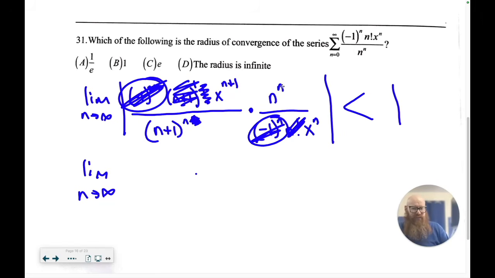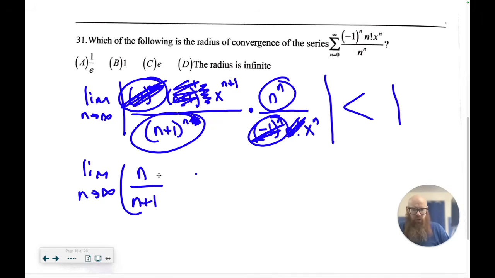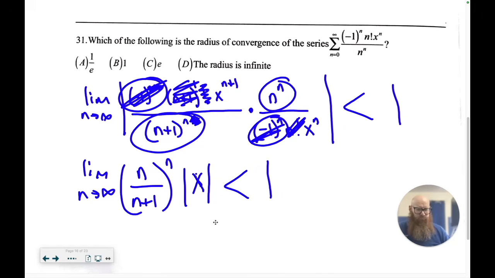So then this and this become n over n plus 1 to the n. I'll get to that in a second. Now, if I do x to the n plus 1 divided by x to the n, n plus 1 minus n is 1. So I get x to the first, absolute value, because x could be negative, less than 1.